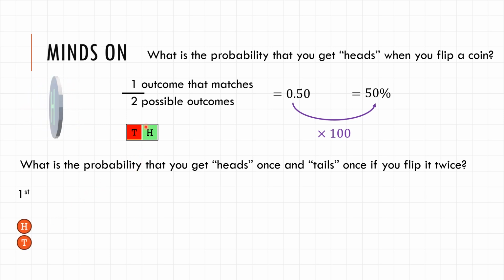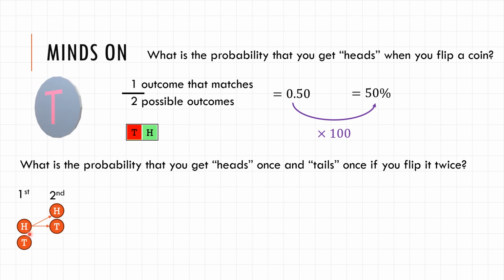But now if we're only in this part, so if we got heads the first time, then we would need to split this probability space up into 2 to show that the second time could be heads or it could be tails. And so if we flip the coin a second time, if we got heads the first time, now there are two outcomes, heads and heads, or heads and then tails.